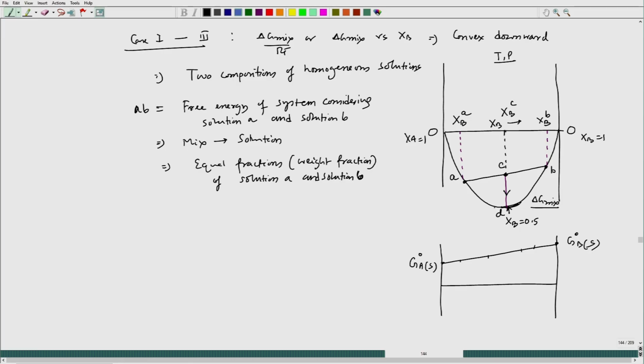Since there is a lowering, the homogeneous solution formation is spontaneous.